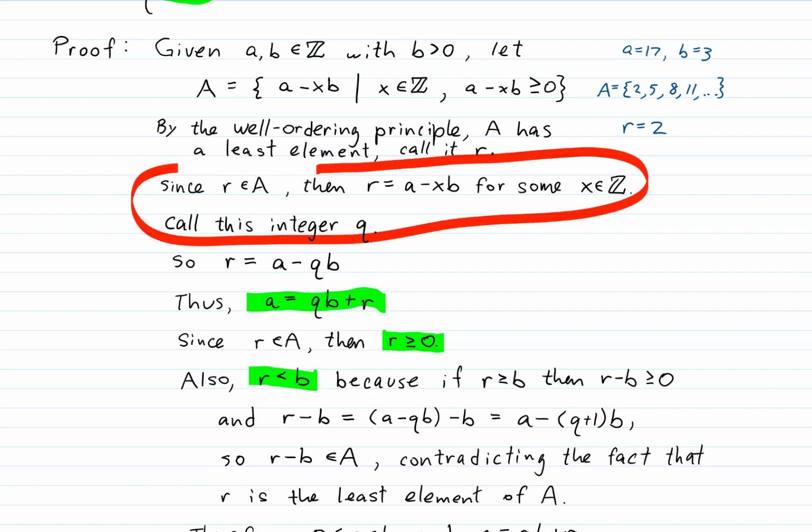Here's how we find Q. R equals A minus BX for some integer x, and we call that integer Q. So in other words, we would say this: 2 equals 17 minus Q times 3. What would Q have to be? Q would be 5, right? 17 minus 15 equals 2, and 15 is 5 times 3.